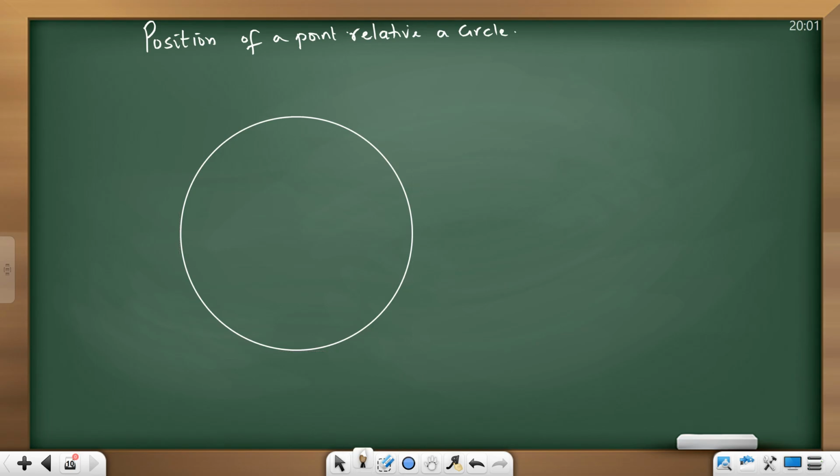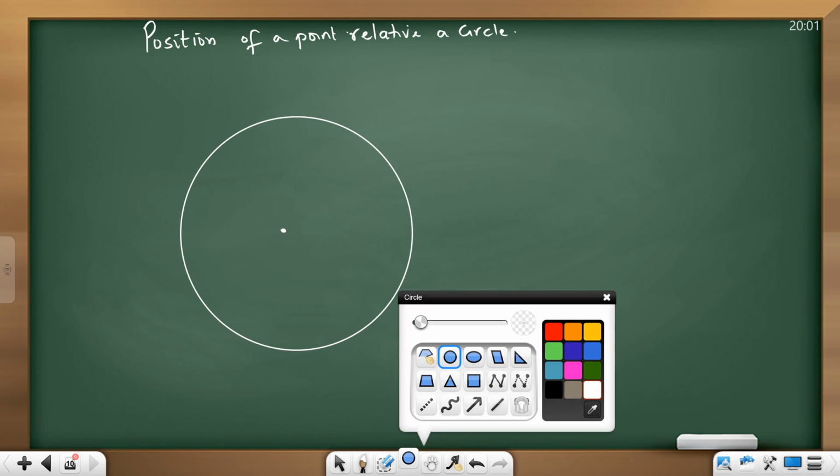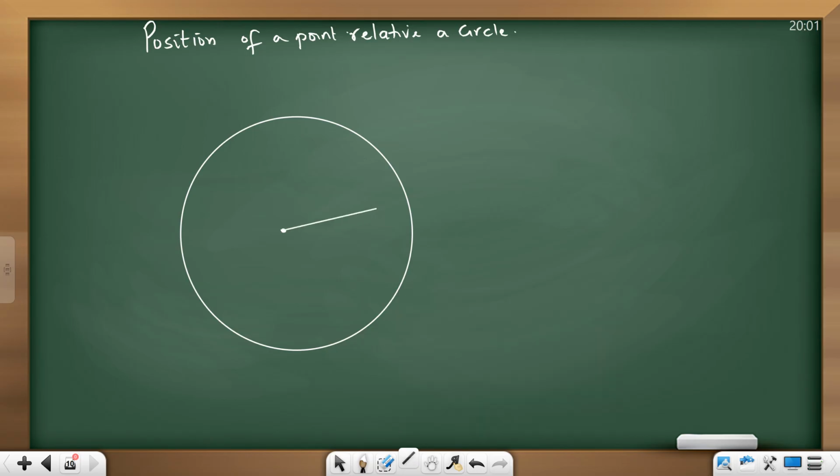So I have a circle, I have the center, and that is my radius. a, b is the center, x, y.